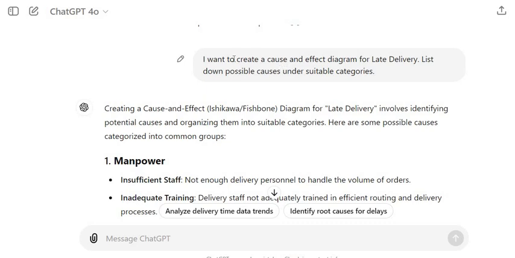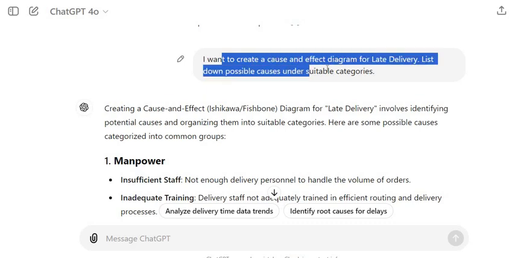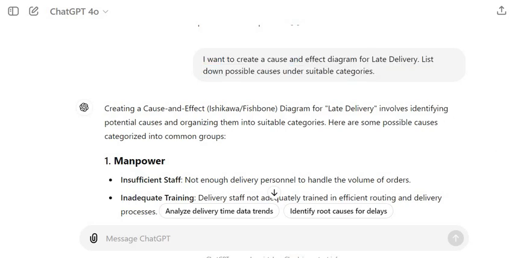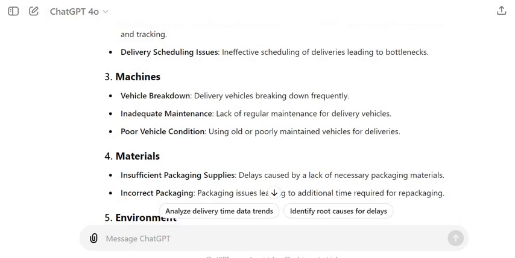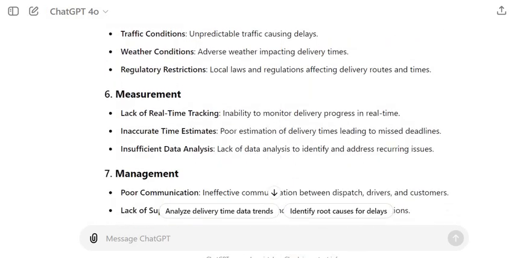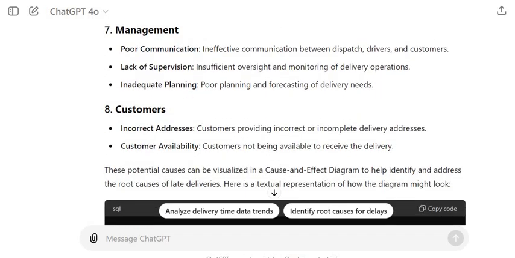So I asked ChatGPT, I want to create a cause and effect diagram for late delivery, list down possible causes under suitable categories. So it came up with these categories and causes: manpower, method, machine, material, environment, measurement, management, and customers.